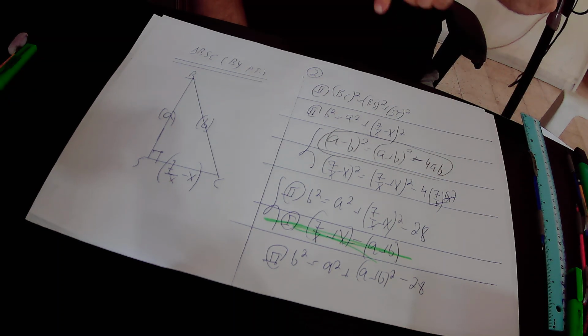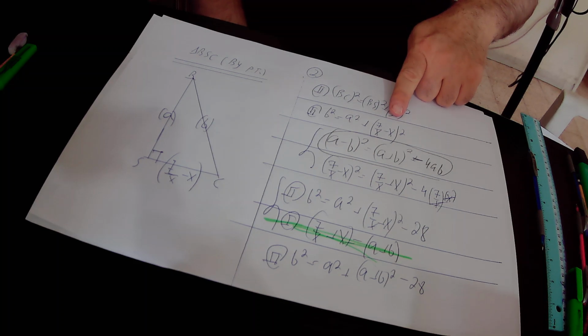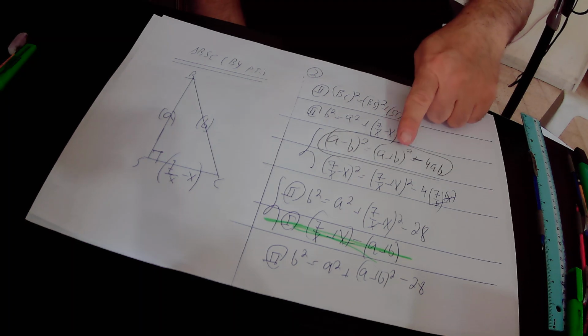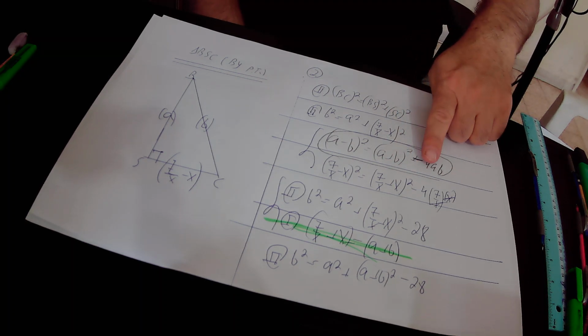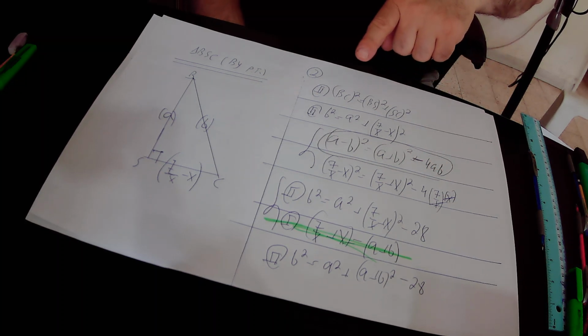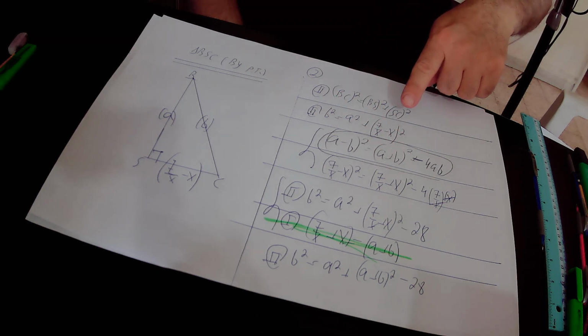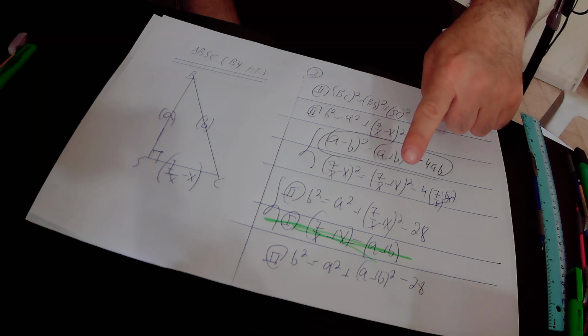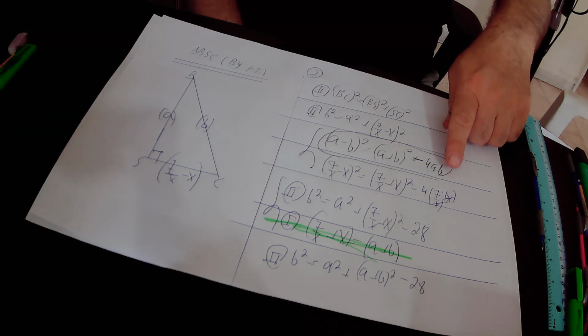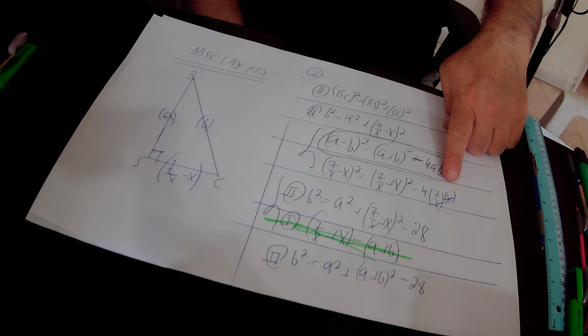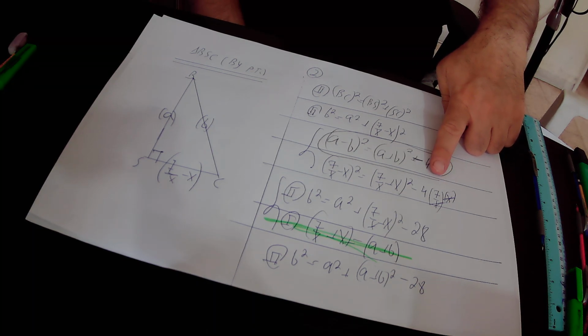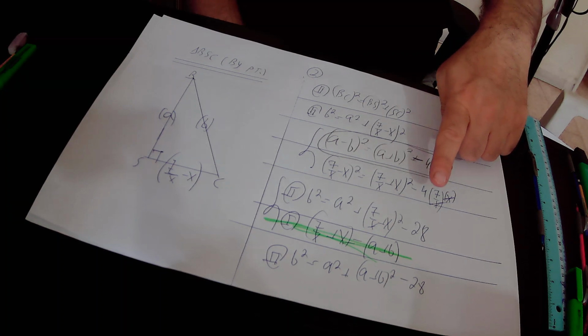Therefore we can substitute 7 over x minus x squared in equation 2 by 7 over x plus x squared minus 4 times 7 over x times x. We did it, and we found out that according to equation 2, b square equals a square plus 7 over x plus x squared, minus 4 times 7 over x times x. Here we have x in the numerator and x in the denominator, so x gets cancelled. So in total this expression equals minus 4 times 7, that is minus 28.